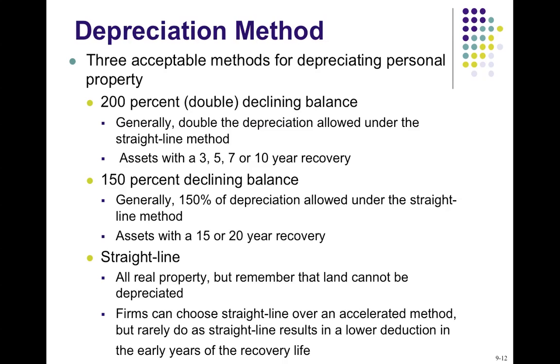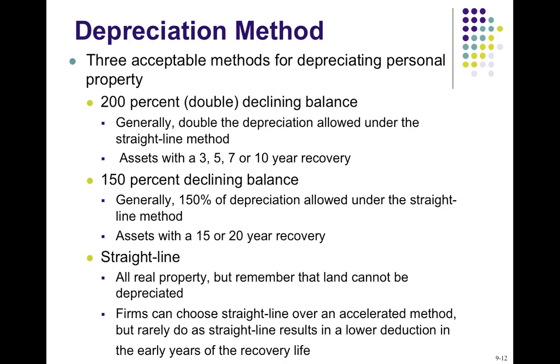And then if a taxpayer wanted to choose to use straight line instead of 200% or 150%, the taxpayer could do that. They could opt to use straight line instead of one of these other methods. But most taxpayers aren't going to do this because it's going to result in less depreciation early on. Okay, so the 200%, the 150% methods allow the taxpayer to accelerate deductions into earlier years.